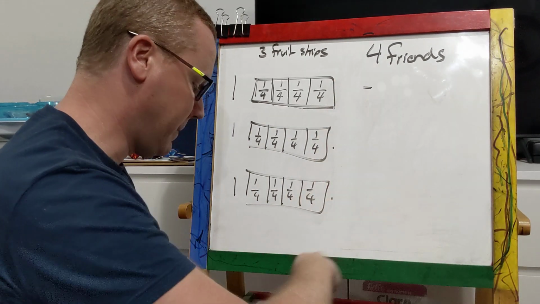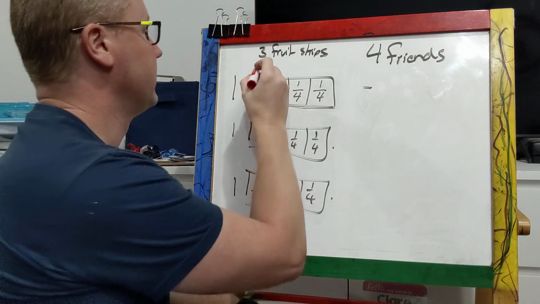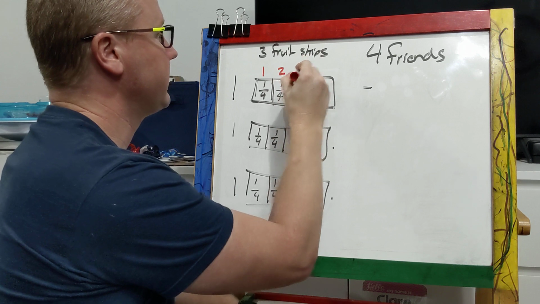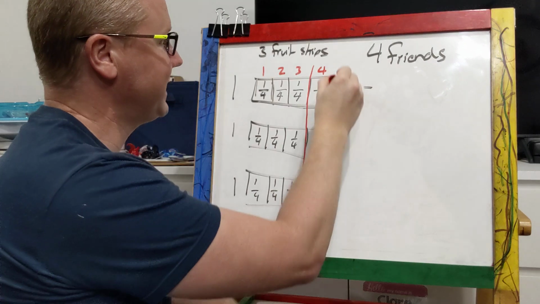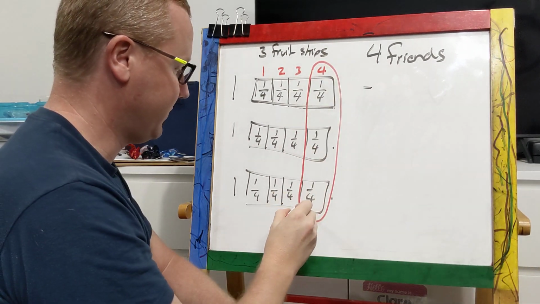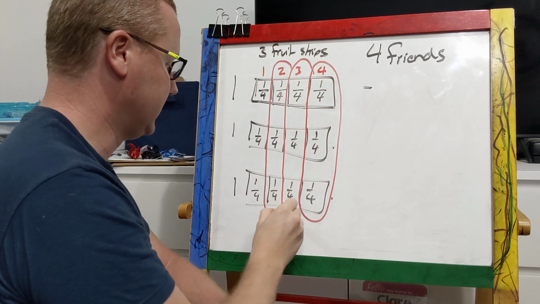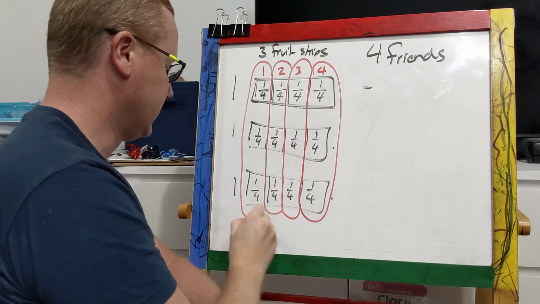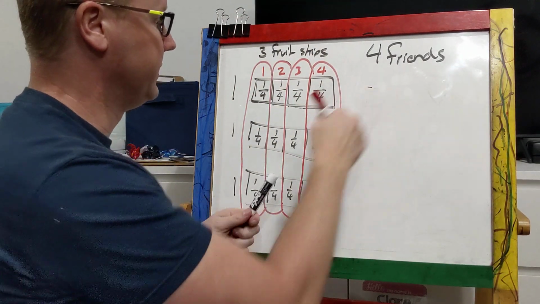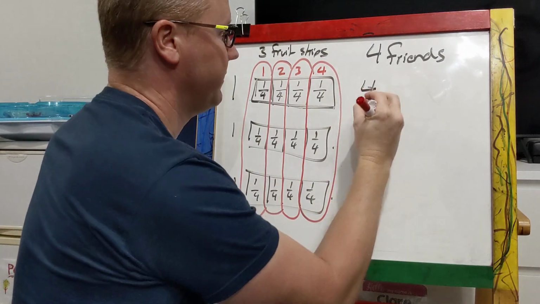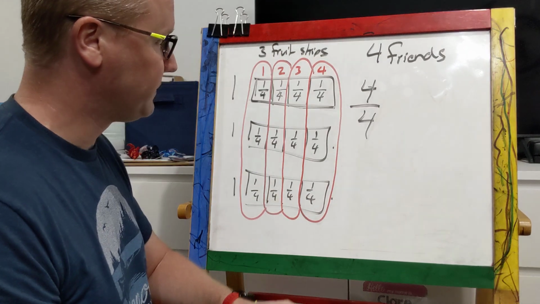Now, remember I said that we divided them up into 4 chunks, friend 1, 2, 3, and 4. We split them up like this. One friend got those chunks, another friend got those chunks, and those chunks there. Now, we know that they didn't get a whole strip. They didn't get 4/4. We need to figure out how much each one got.